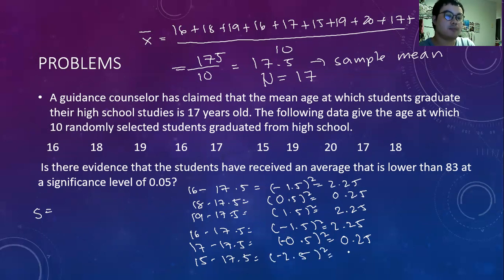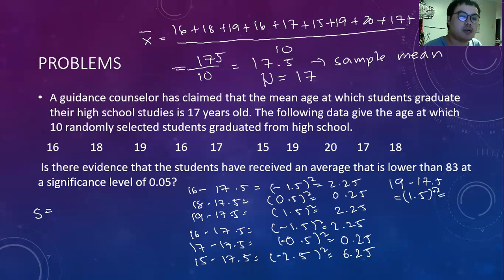It will become 6.25. Okay, so 19 minus 17.5, it will become 1.5 squared. It will become 2.25. Then 20 minus 17.5, it will become 2.5 squared. It will become 6.25.